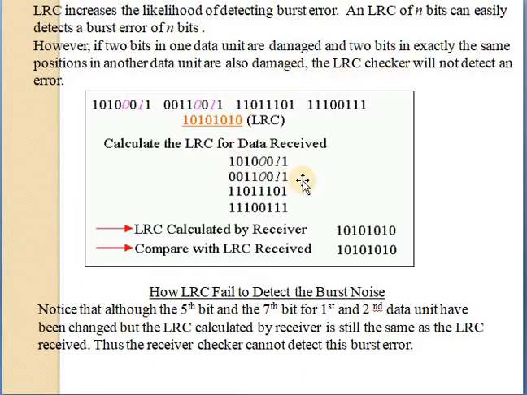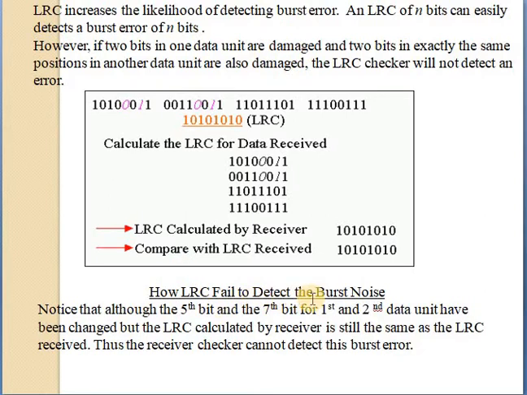In this condition, the receiver accepts the data, but 2 bits in the same position are corrupted. This is the drawback of LRC, even though LRC increases the likelihood of detecting burst errors, meaning more than 1 bit can be detected.